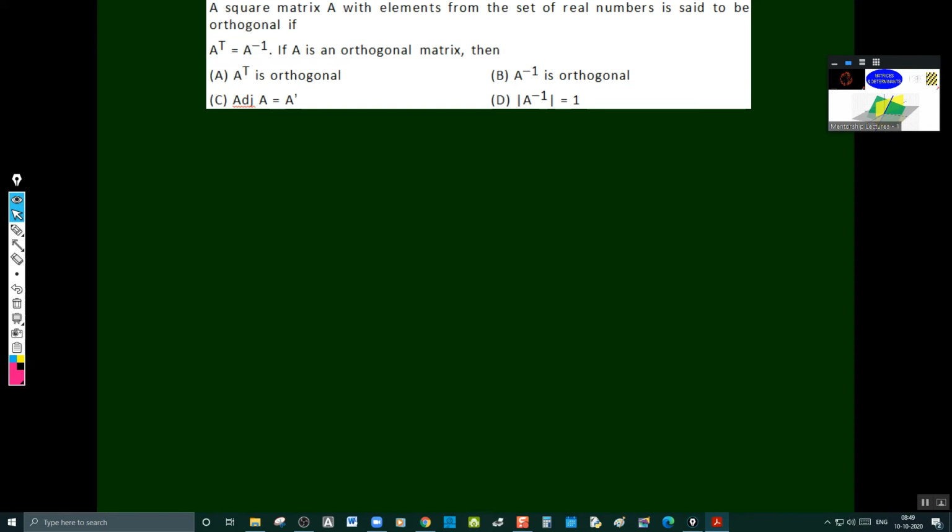If A is an orthogonal matrix, then A transpose is orthogonal, A inverse is orthogonal, adjoint of A is equal to A transpose, that should be transpose only. Maybe it is the operator's mistake; it should be mentioned as A dash, which is nothing but the transpose. And det of A inverse is equal to 1. These are the options given.